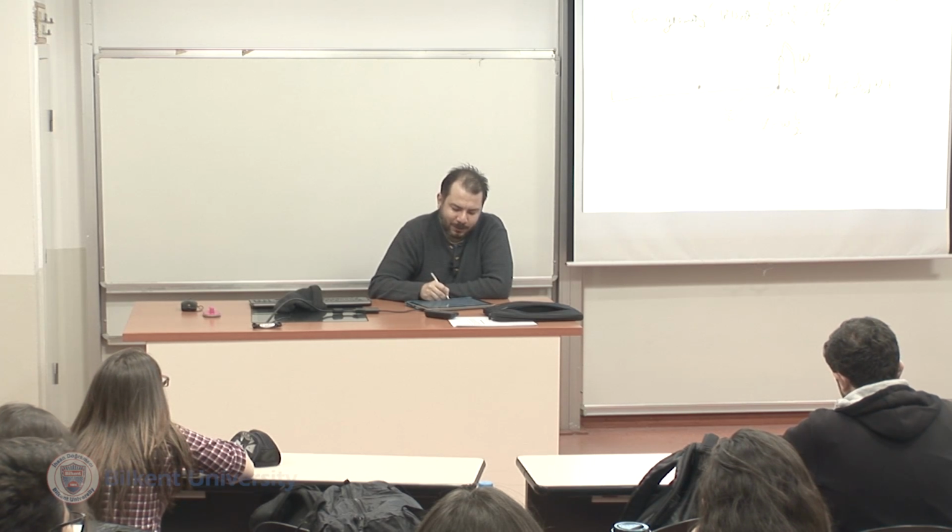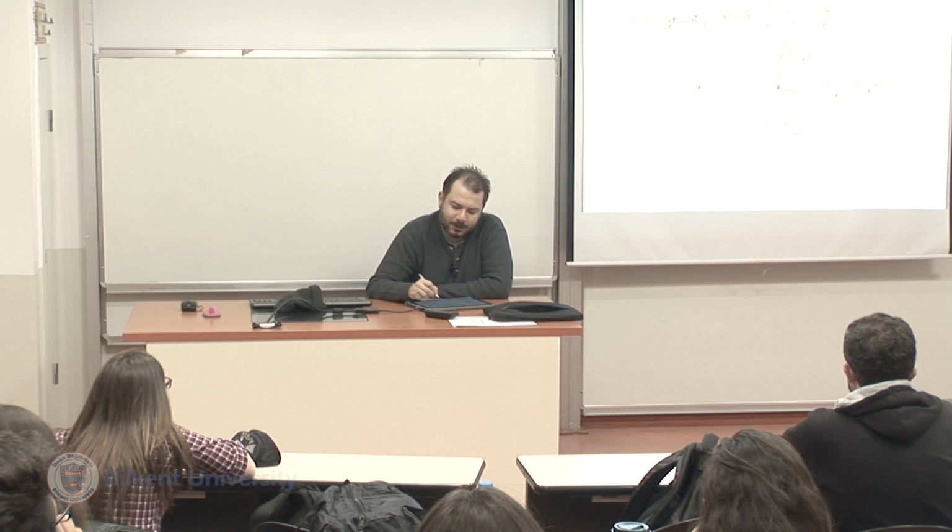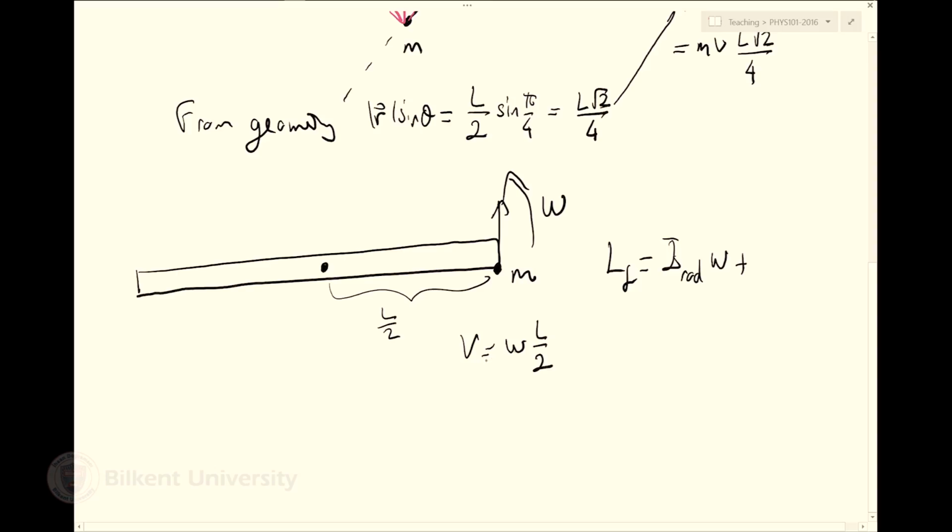So what is the angular momentum? m omega L over 2 is the momentum of the small m. Its distance, r cross p, right? r is here. It's a right triangle. So m omega L over 2, squared, is going to be my angular momentum.